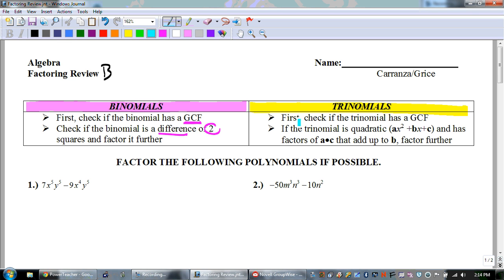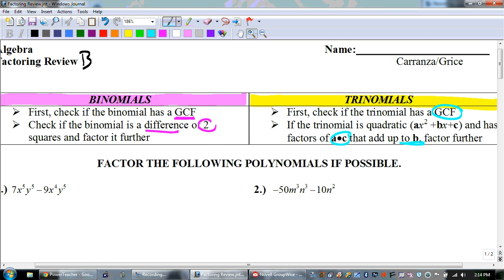For a trinomial, always check to see if there's a GCF, and then if the trinomial is a quadratic, which is ax squared plus bx plus c, and has factors of ac that add up to b. If you're having trouble remembering this, please look back up at the top of your page to go through the rules.